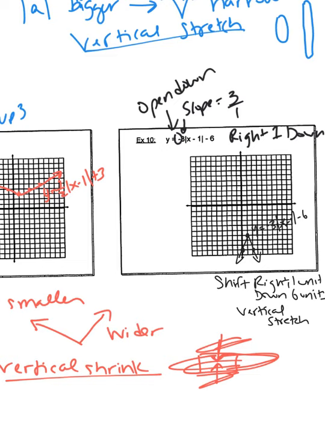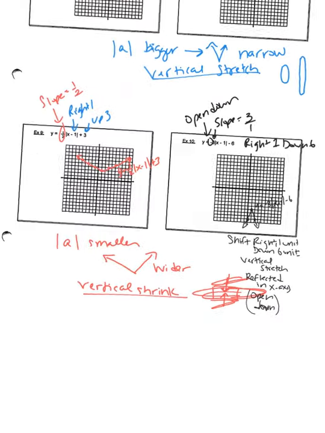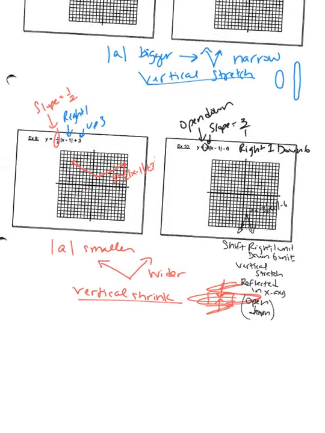And it's also, when it's open downward, you could say it's reflected in the x-axis. That makes it open down. Okay? So that's for questions where they ask you to describe the transformation. And they're all pretty much like this.